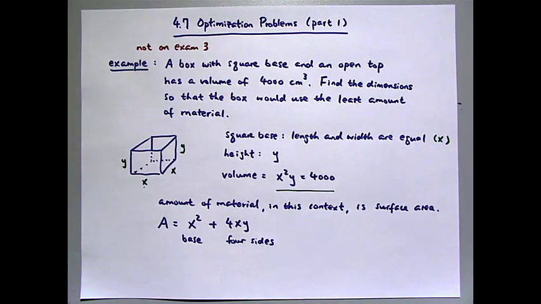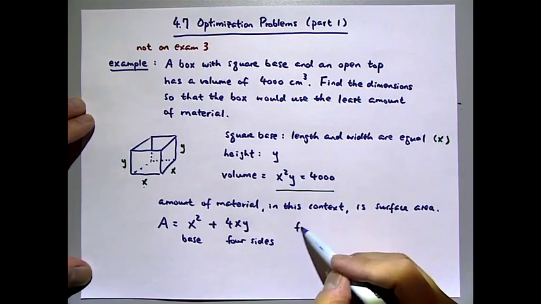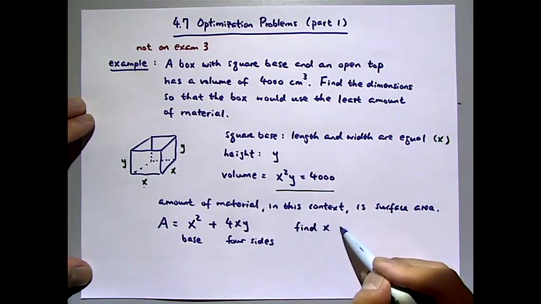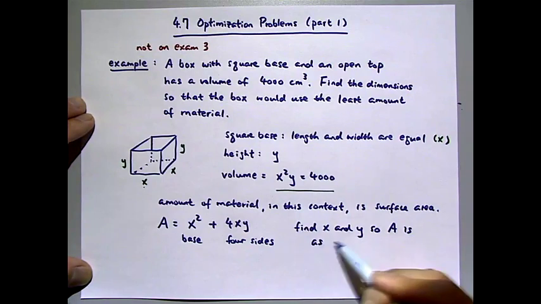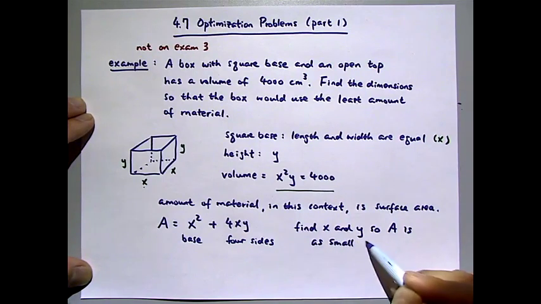And this quantity right here, we're calling A, is what we're trying to minimize, make as small as possible.